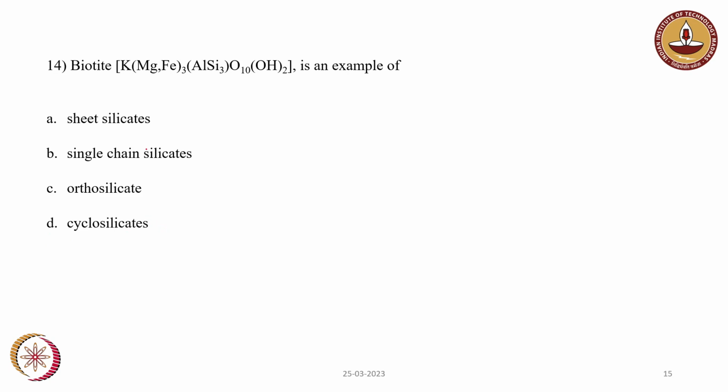So in sheet silicates, one of the Si will be replaced with aluminum in the Si4O10 unit. That's what we have to remember. In sheet silicates, there will be one aluminum replacing one silicon in the Si4O10 unit.